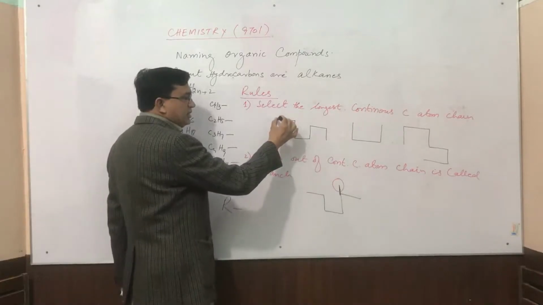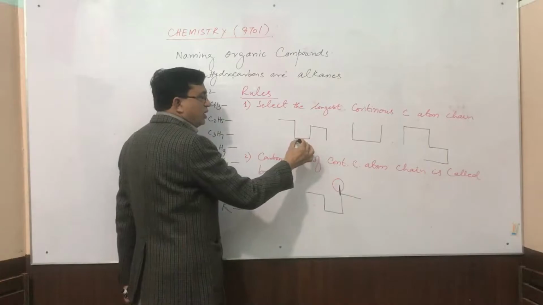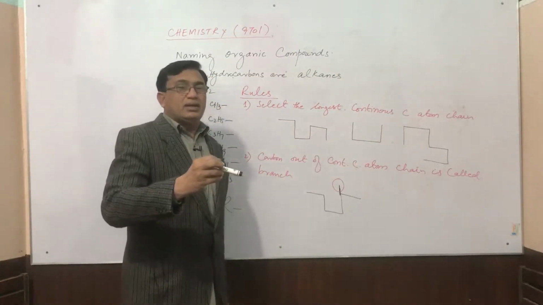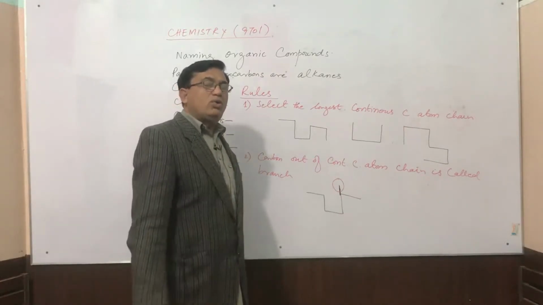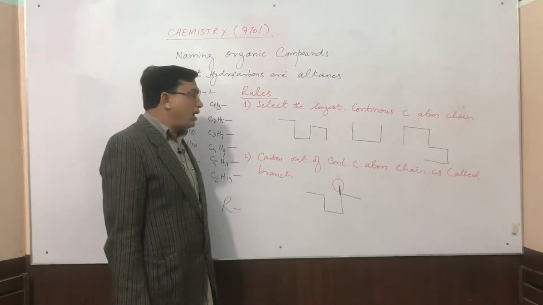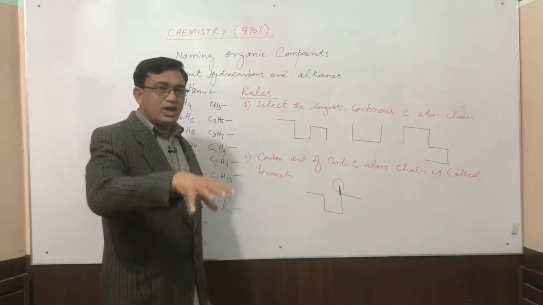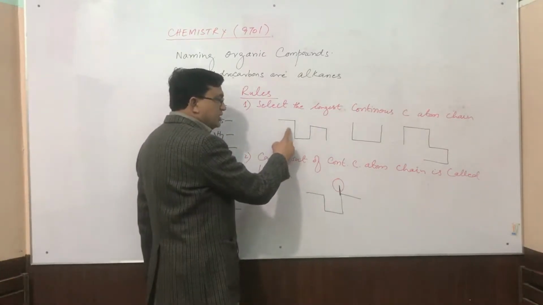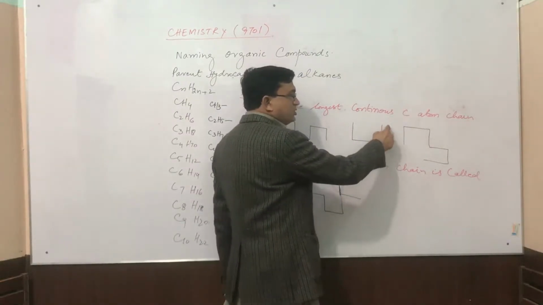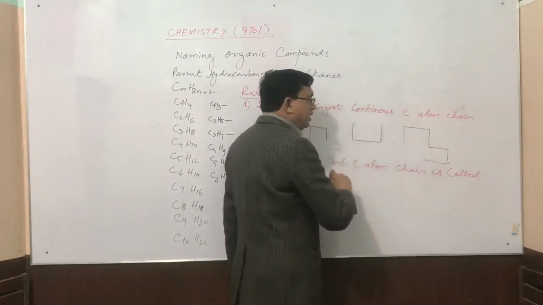Place a pencil over the hydrocarbon and count all the carbon atoms until the pencil is going on, including all the carbon atoms without returning back at a certain point. Then all those carbons will be part of the longest continuous carbon atom chain. Now this is also a continuous carbon atom chain, this is also a continuous carbon atom chain, and this is also a continuous carbon atom chain.